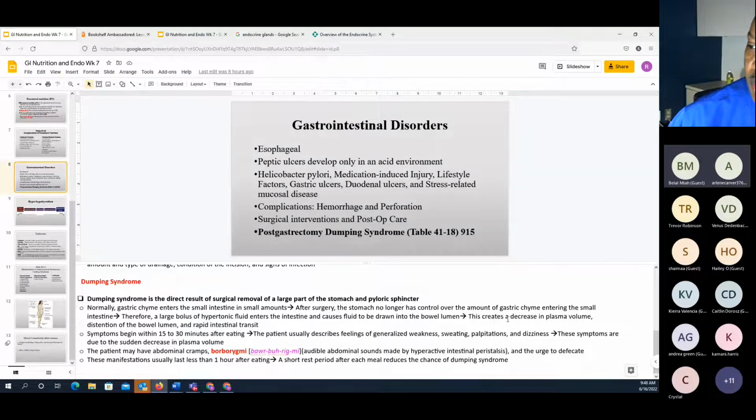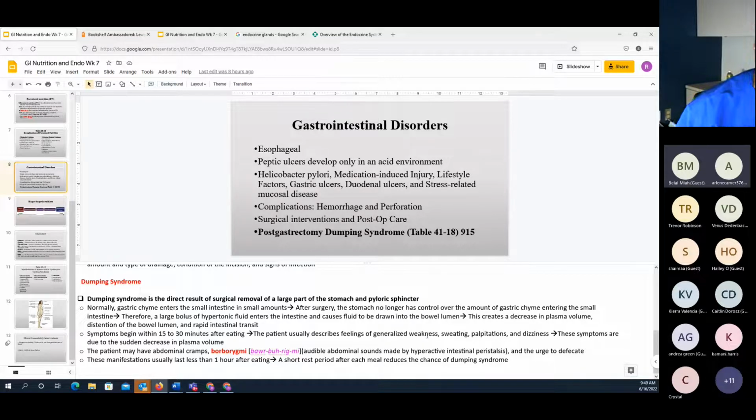And when that hypertonic fluid enters the small intestine, it creates a decrease in plasma volume, right? So in our plasma volume, the intravascular system, we have so much volume, but if the chyme in the small intestine is very hypertonic, it has a pulling effect on the volume in the vascular space, and it'll pull a lot of that volume out of the vascular space.